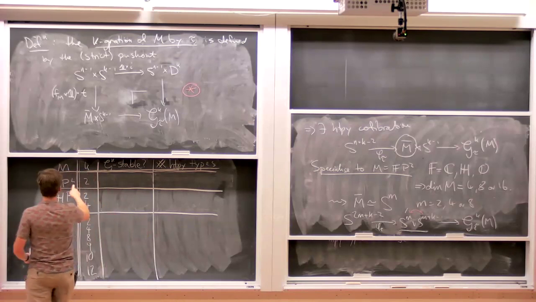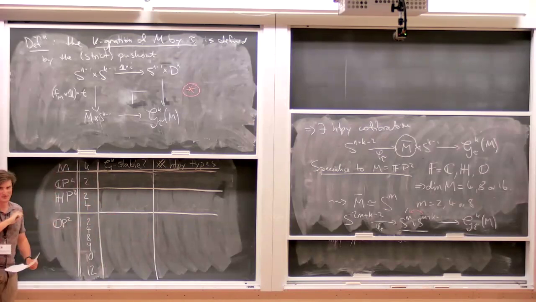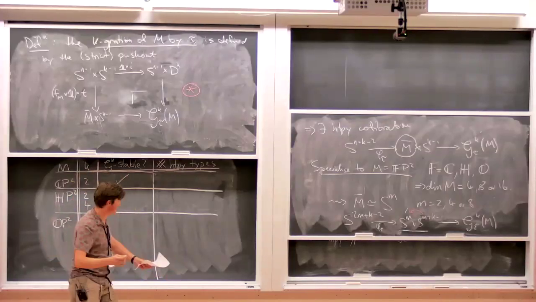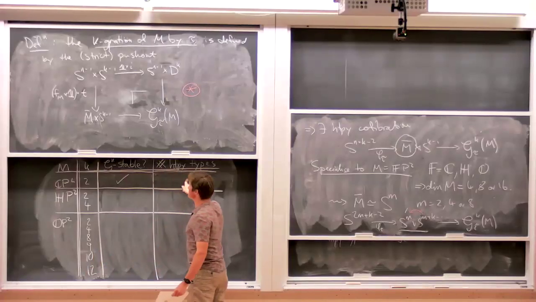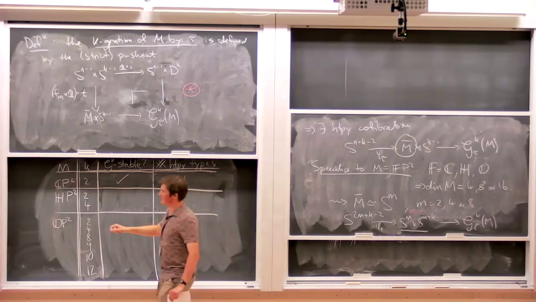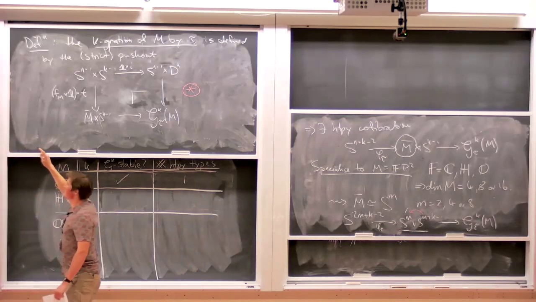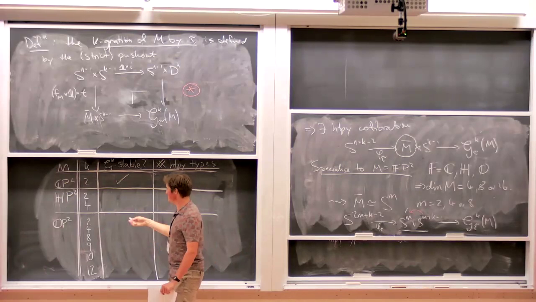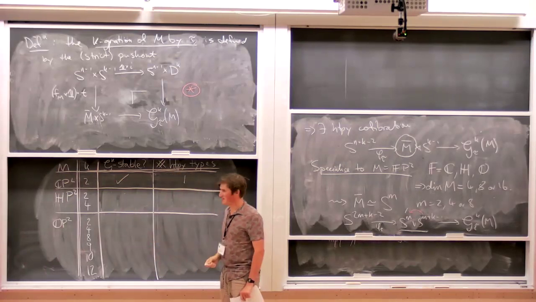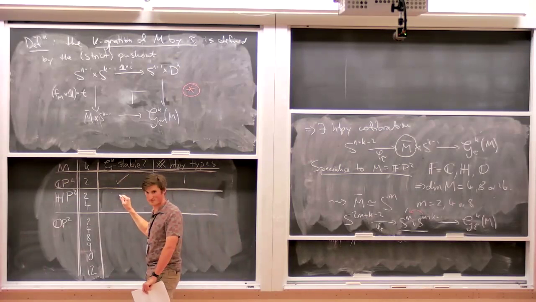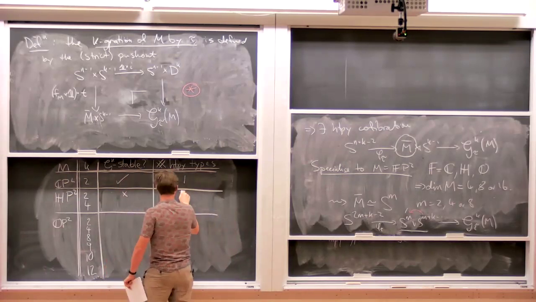So if I do a 2 gyration of CP2, is it stable? Yes, it is. Ooh, very good. How many homotopy types do I get? Well, it's stable, so I have 1. So remember, example 3, motivation with 2 gyration of HP2 will be here. Are they homotopy equivalent? No. There are 2 homotopy types.